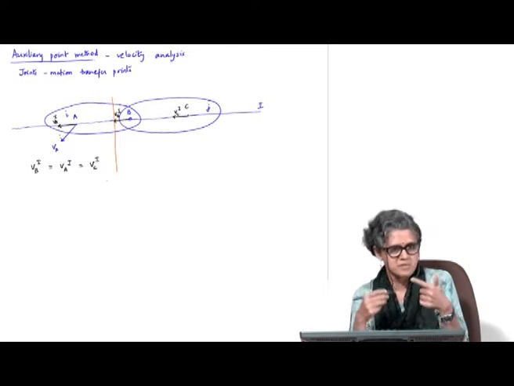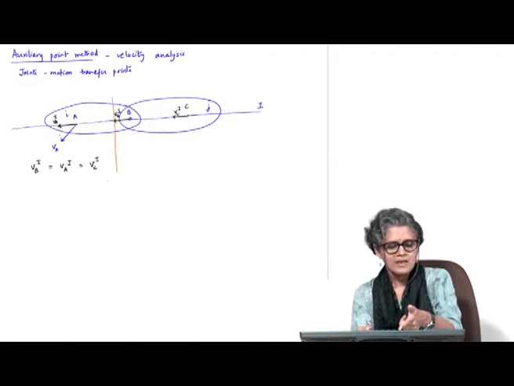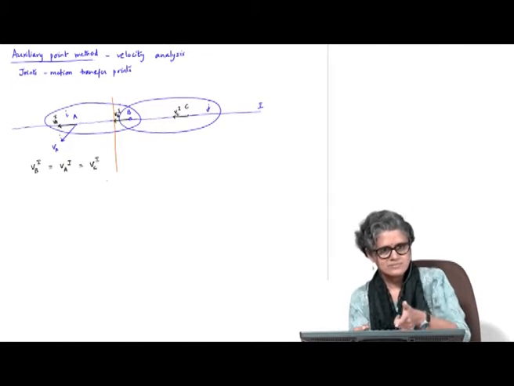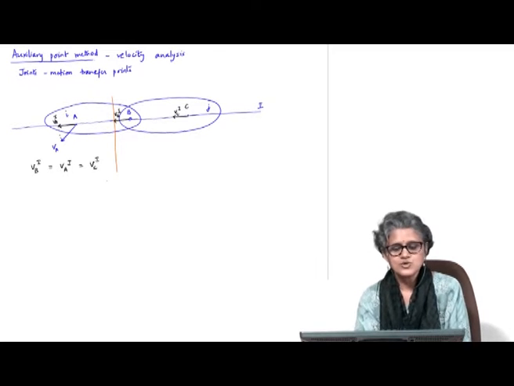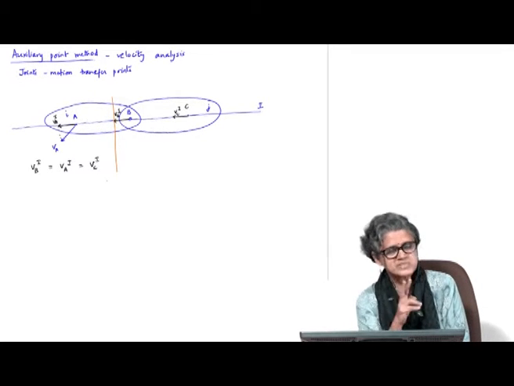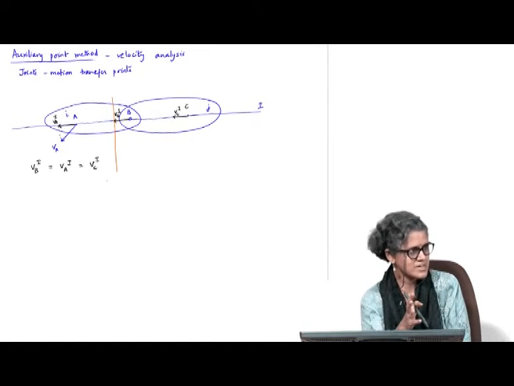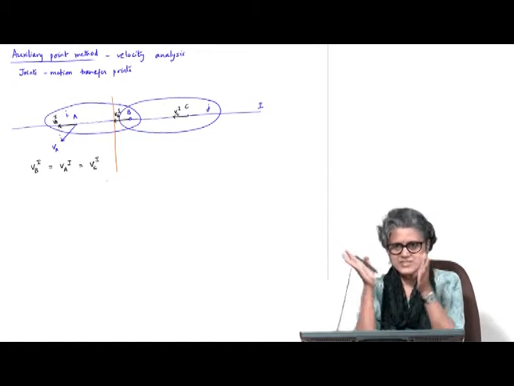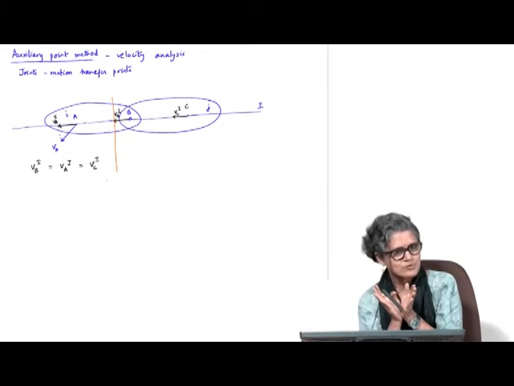So if I know two components along two different directions of the velocity of B, then I construct perpendiculars to those two components.